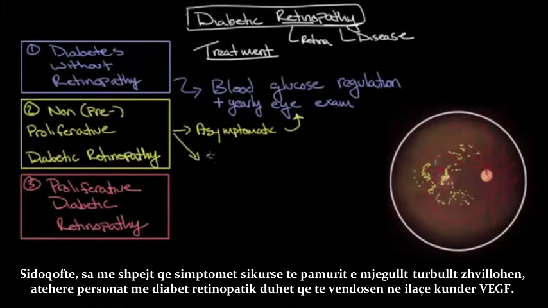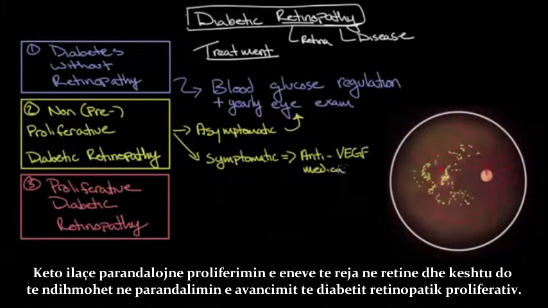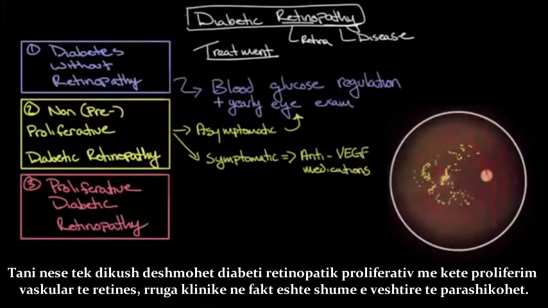However, as soon as symptoms such as blurry vision or floaters develop, then an individual with diabetic retinopathy should be placed on anti-VEGF medications. And these medications will prevent the proliferation of new blood vessels in the retina and therefore help prevent the progression to proliferative diabetic retinopathy.